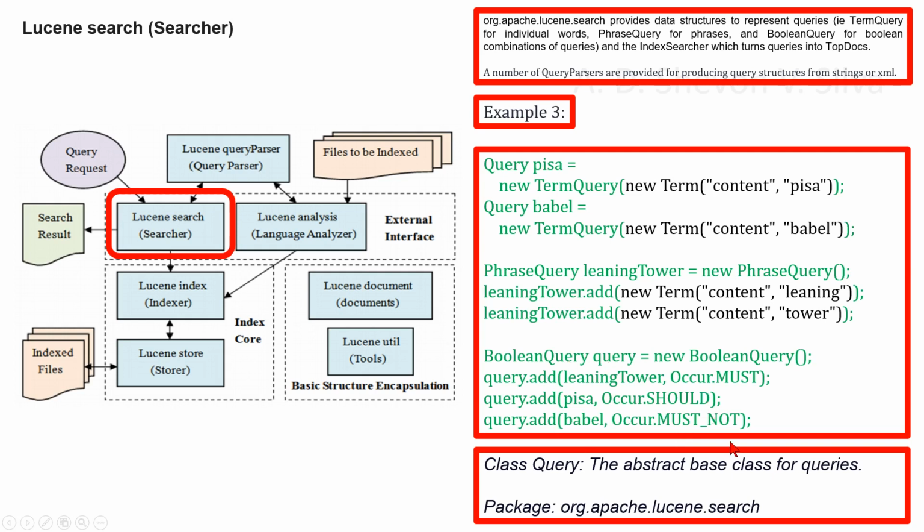Again, this code is valid for Lucene 4.7.0. If you are using Lucene, for example 9, replace this code segment with BooleanQuery.Builder.